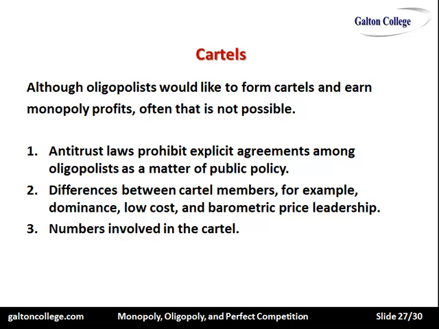But as the numbers in the club increase, it's more and more likely that some will start to disagree. They will dissent, and that will make decision making very difficult. It's the same in a cartel. As the number involved in the cartel grows, there are going to be more problems in trying to get an agreement.